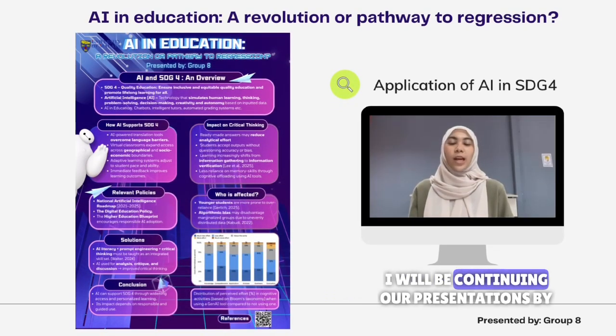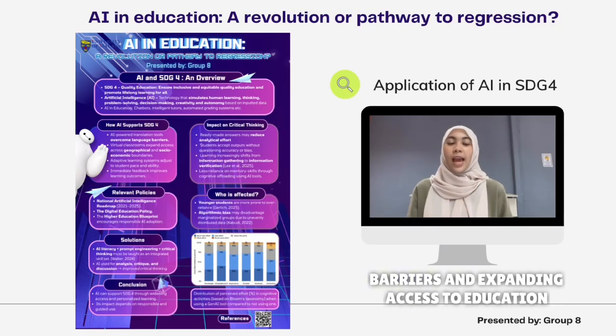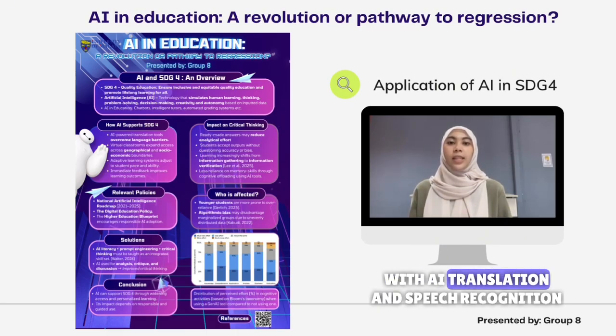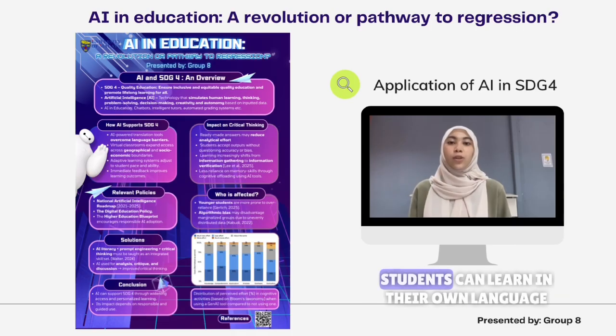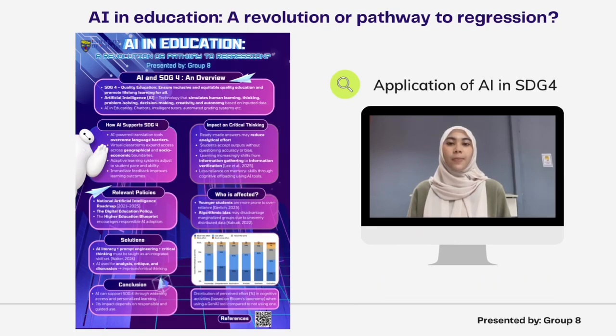I will be continuing our presentation by sharing how AI supports SDG 4 through two main ways: overcoming language barriers and expanding access to education. Firstly, AI-powered tools have overcome language barriers. With AI translation and speech recognition, students can learn in their own language, no matter the language the lesson was originally taught in.